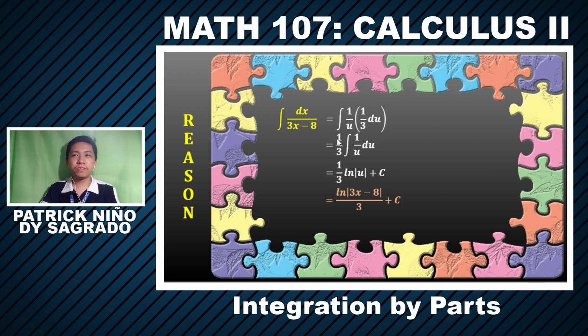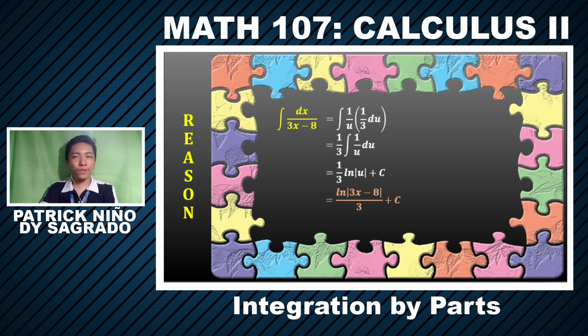We have u substituting 3x minus 8, 1/3 du, and then we can put out 1 over 3, integrate 1 over u, and by the basic integration rule, we have the natural logarithm of the absolute value of u. Substitute that back to 3x minus 8, and we have this answer.